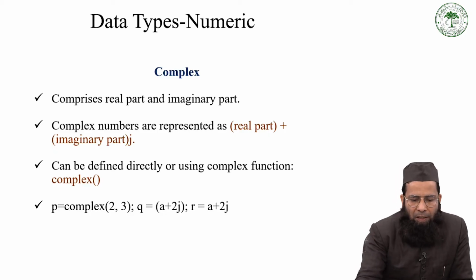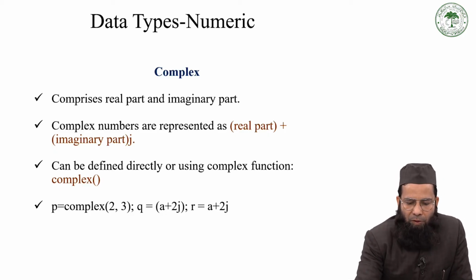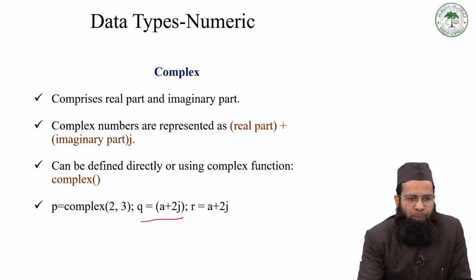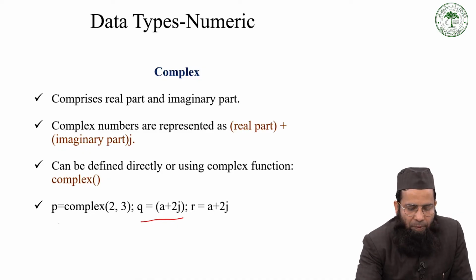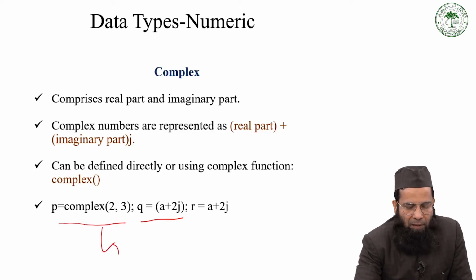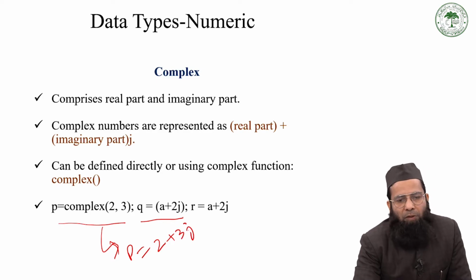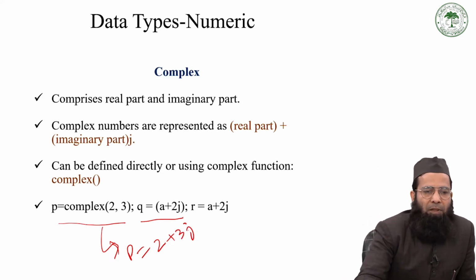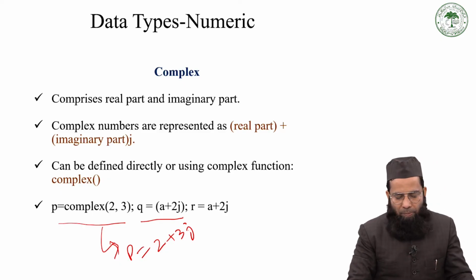If you want to declare it directly, you just write in this format, q is equal to 2 plus 3j, so q would be treated as a complex number, right? And you can write in this format as well, p is equal to complex 2 comma 3. It means it would be treated as p is equal to 2 plus 3j, right? So in this way you can declare a complex variable.